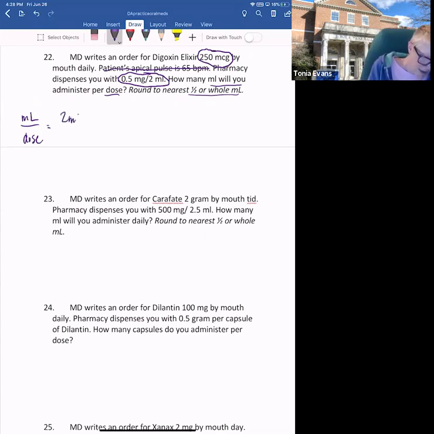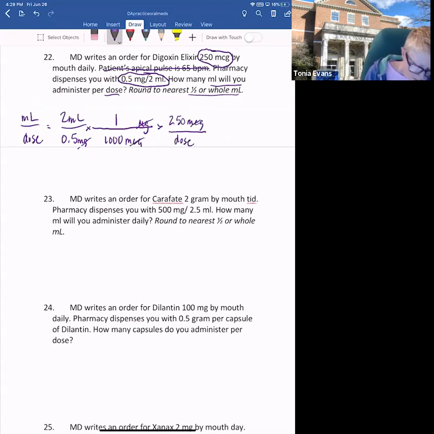Milliliters, I've got 2 mLs is 0.5 milligrams. There we go. So I need to get rid of milligrams, and my order is in micrograms, not in milligrams, so I'm going to have to convert. But I know that 1 milligram is 1,000 micrograms. That canceled that out. Micrograms, I'm going to go to micrograms next. My order is for 250 micrograms per dose.